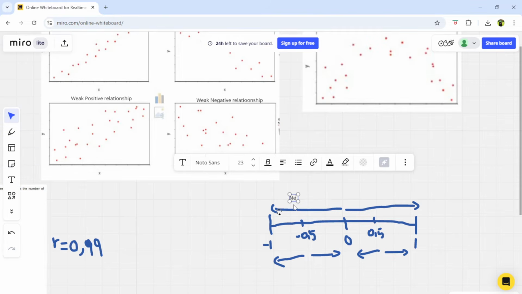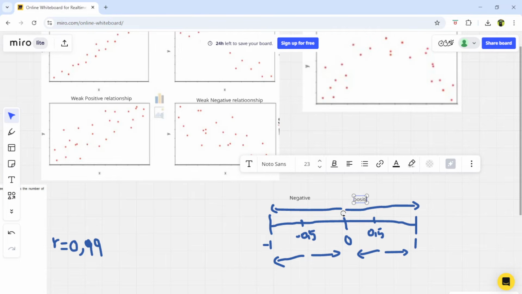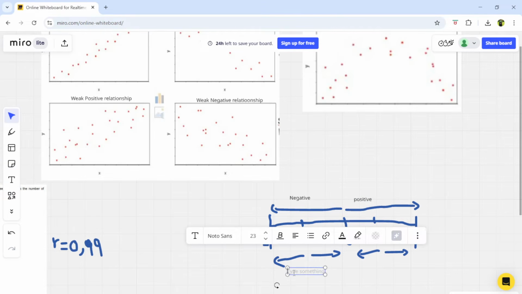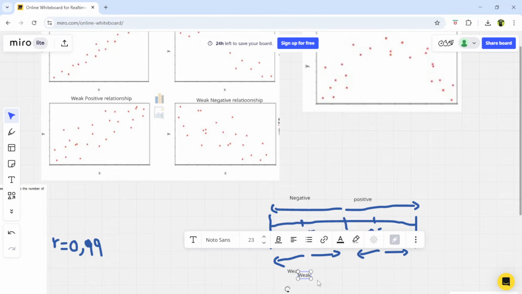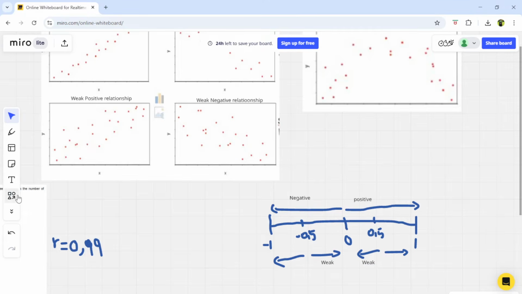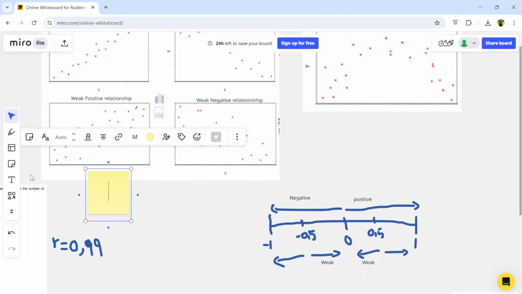Here I'm going to write negative, negative, and then here I'm going to write positive. Here I'm going to write weak, weak over here, and then I'm going to write strong. Oh, sorry.